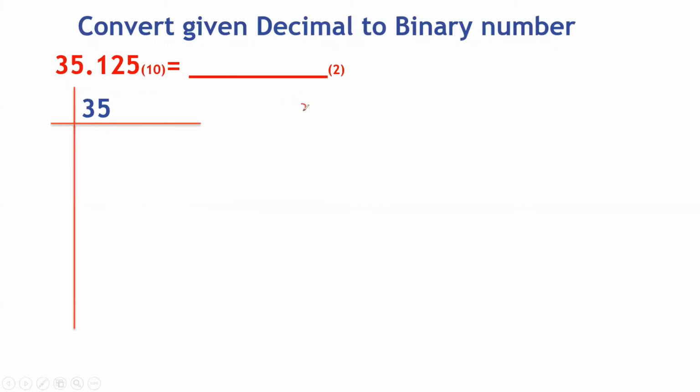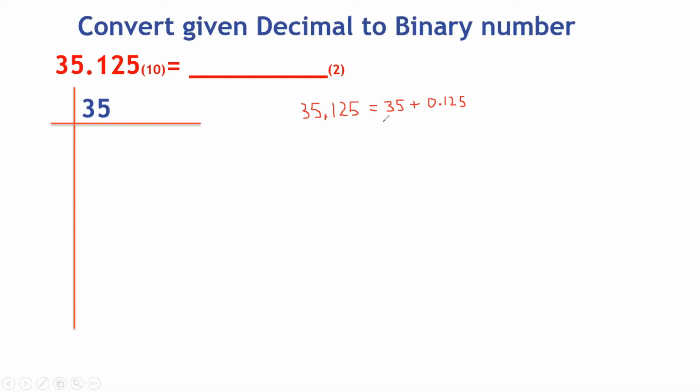We can write it as 35 plus 0.125. Means if we add, we get the same number.